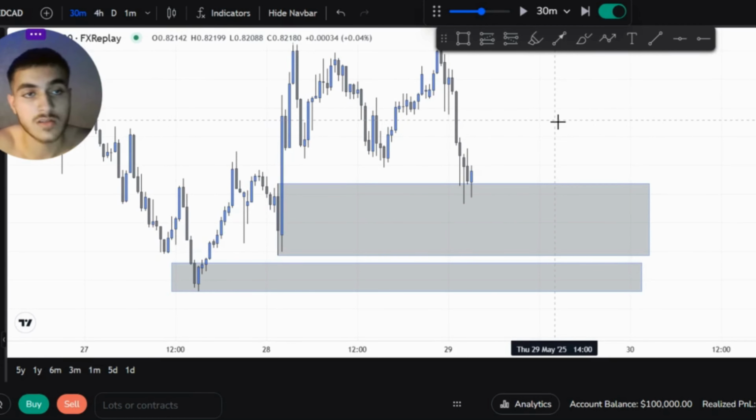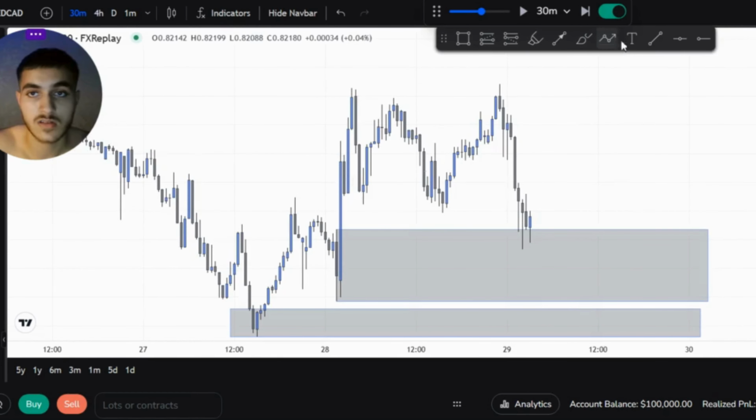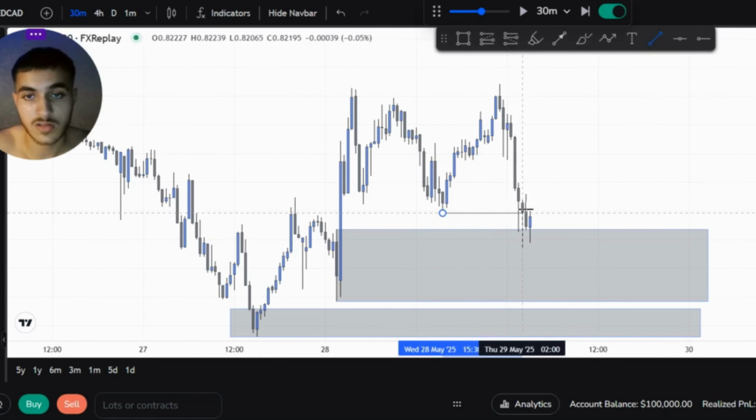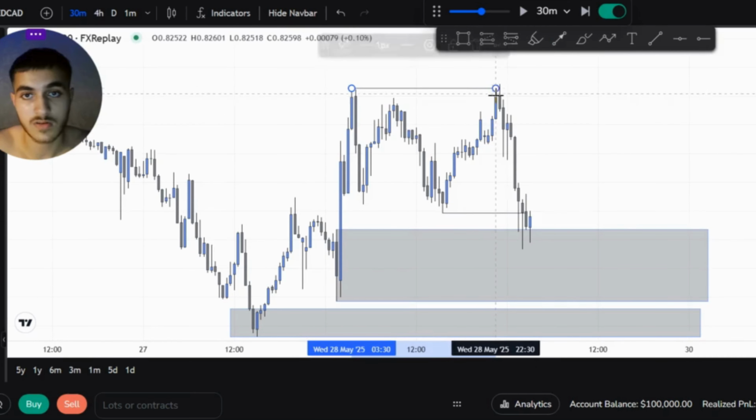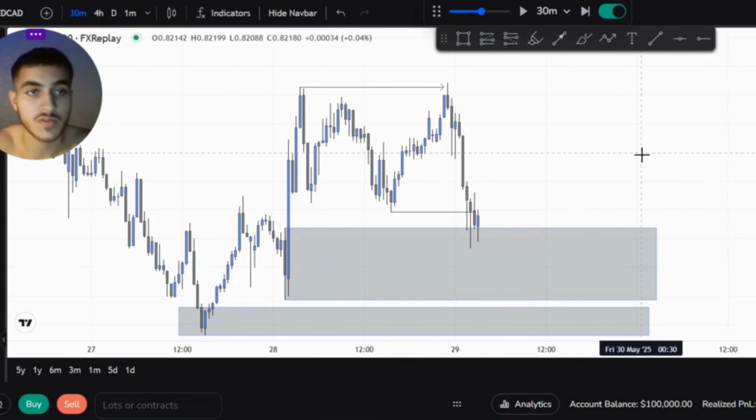As I said, my strategy consists of the supply and demand zones, liquidity and break of structure. This is our liquidity. Okay, and liquidity must take out its own high. This is our high. This is our break of structure.